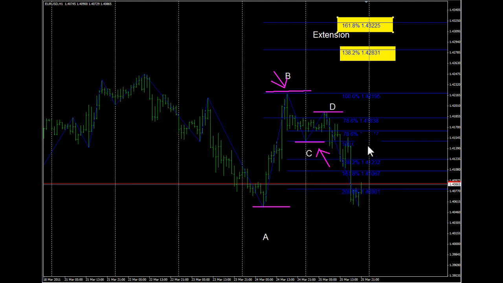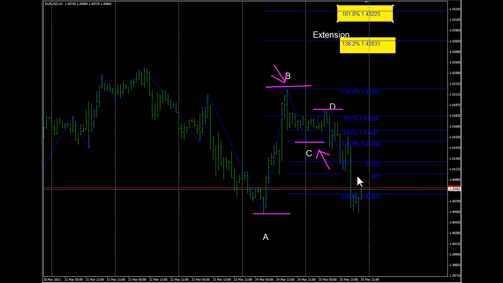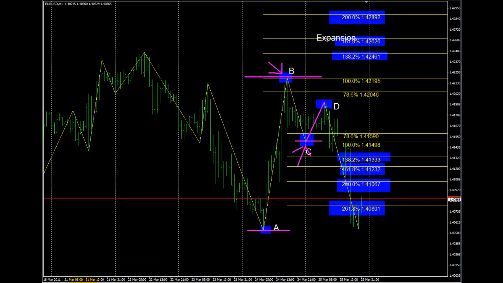Now, with extensions, we're using slightly different ratios, and they go beyond. Here we go up to 200. In an expansion, we go up to 261. Why? Because we're using a smaller range. Because we're using a smaller range, we need bigger ratios to go even further out on either side.